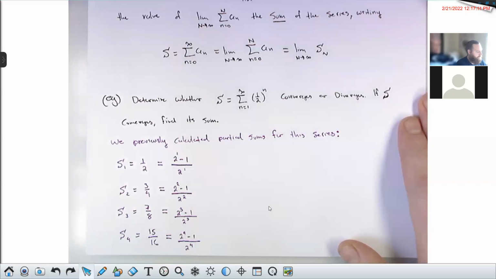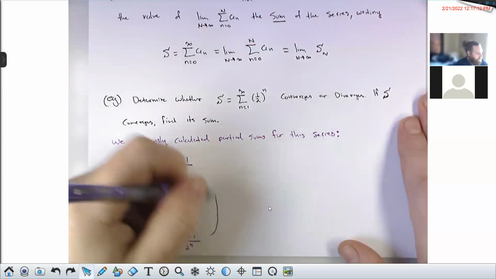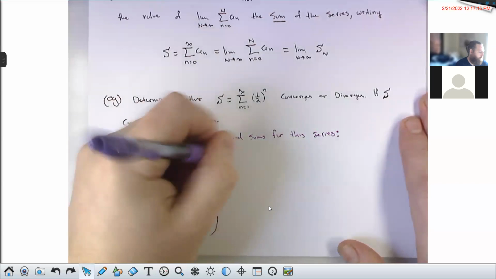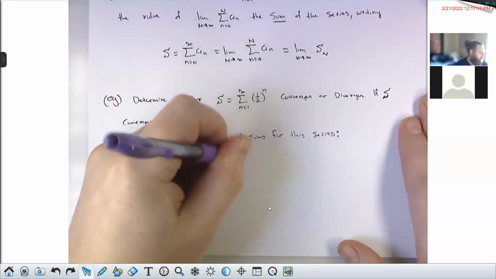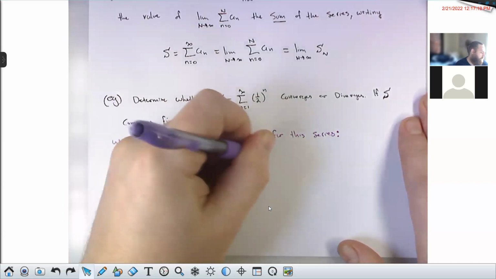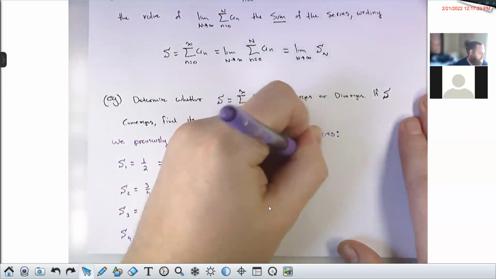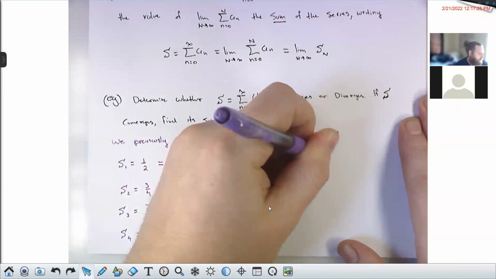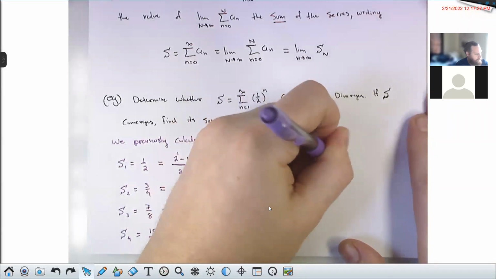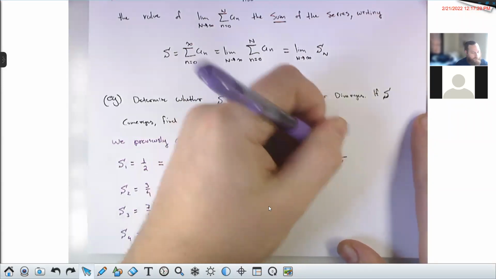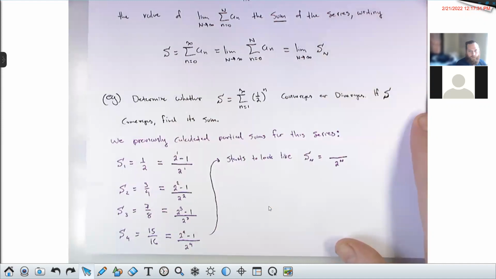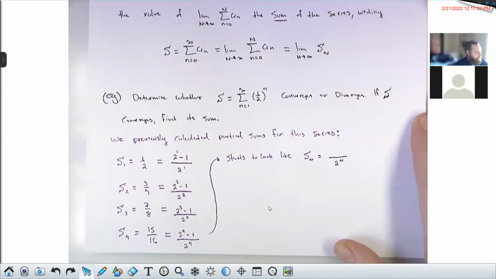So this would appear to imply, starts to look like, S sub n is a fraction where the bottom is 2 to the n, and the top is that thing minus 1.